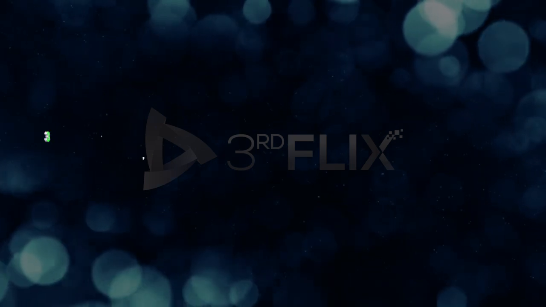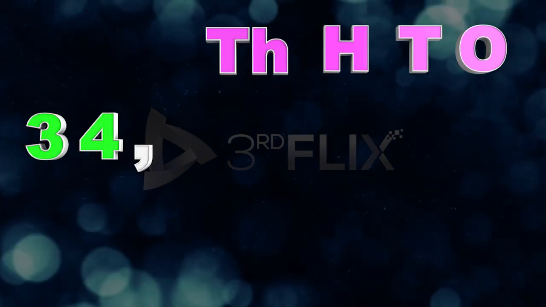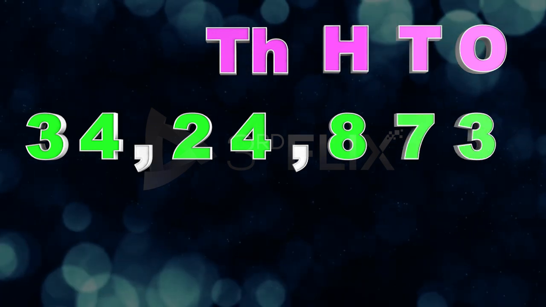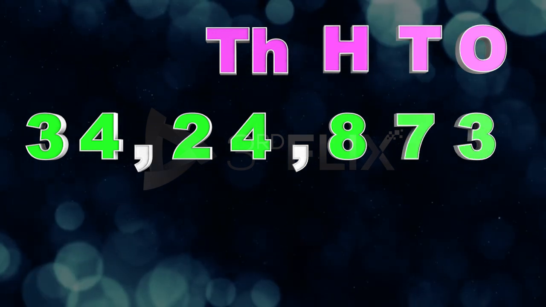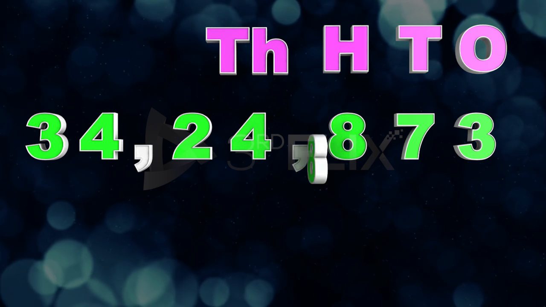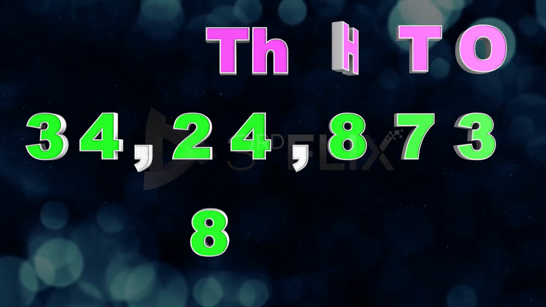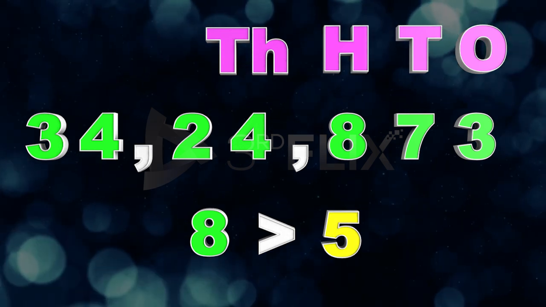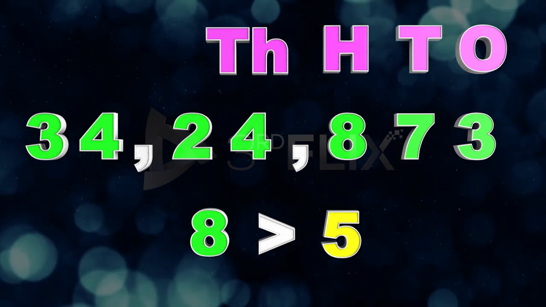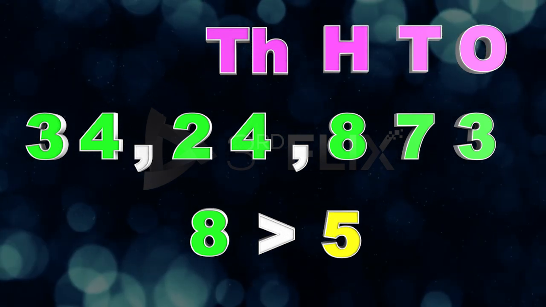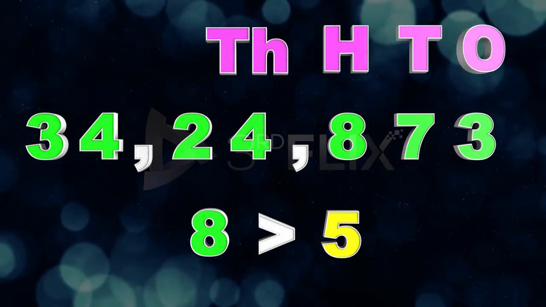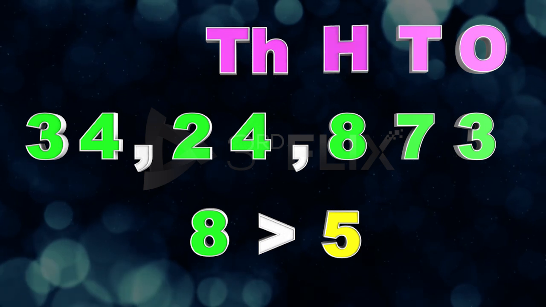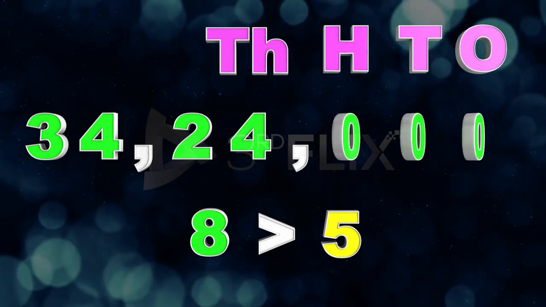Example: 34,24,873. Here, 8 in the hundreds place is greater than 5. So, replace the digits in the ones, tens and hundreds place with zeros.